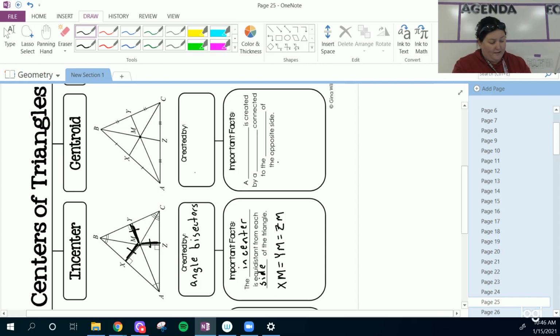The centroid is created by the medians. A median is created by a vertex connected to the midpoint of the opposite side.